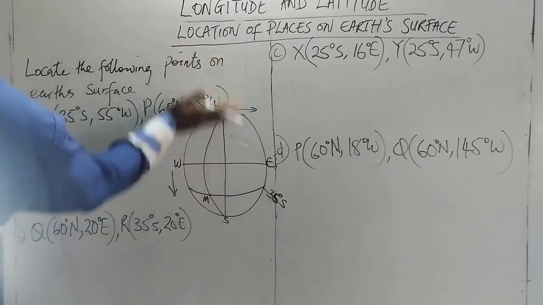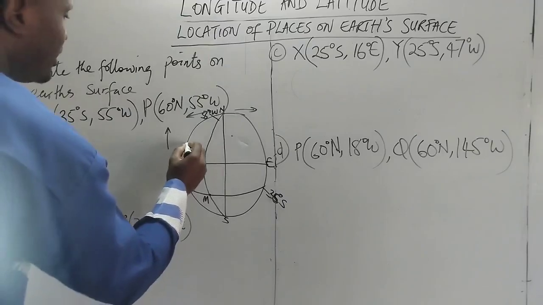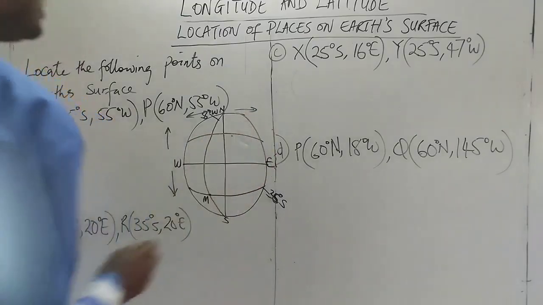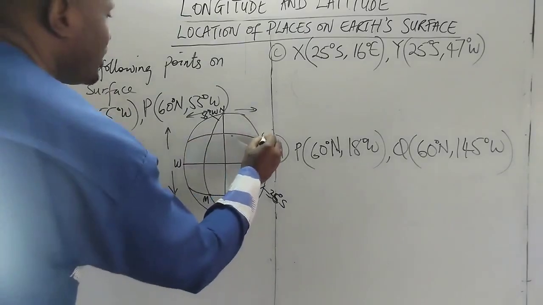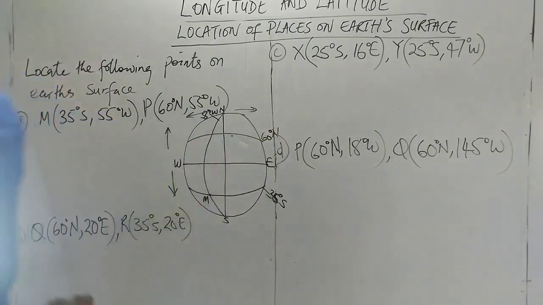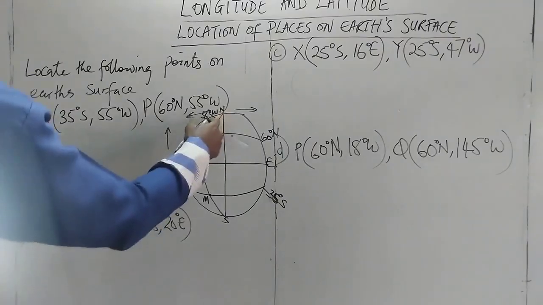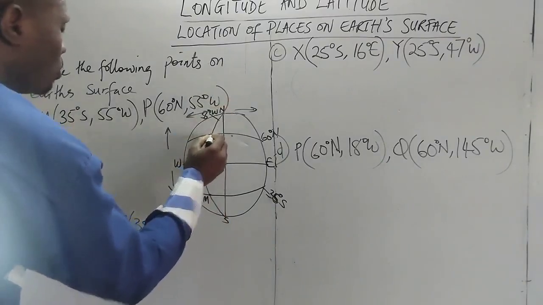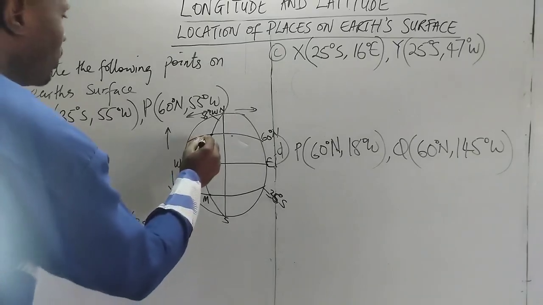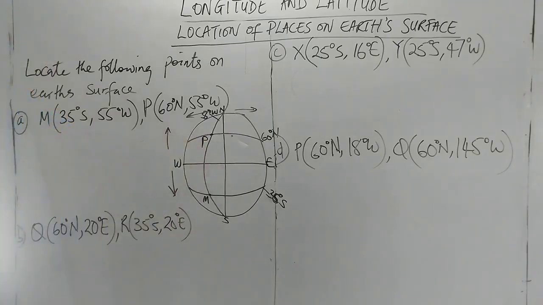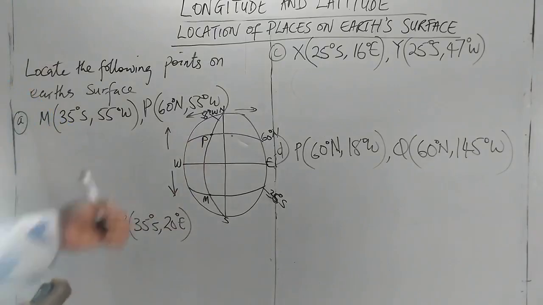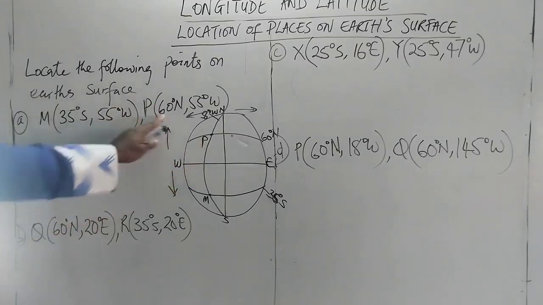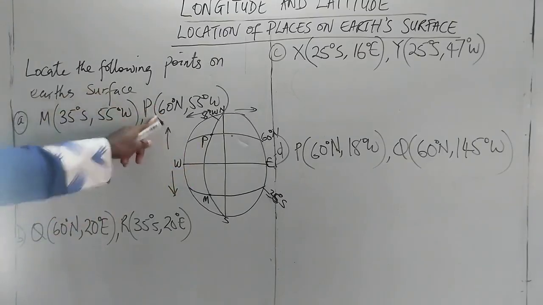So this is the North Pole. 60 degrees anywhere here will be 60 degrees. You label it 60 degrees north. And then 55 degrees west. We have drawn 55 degrees west before. So this is where the two meet. You label it P. At this point, we have successfully located the 2 points, M and P.